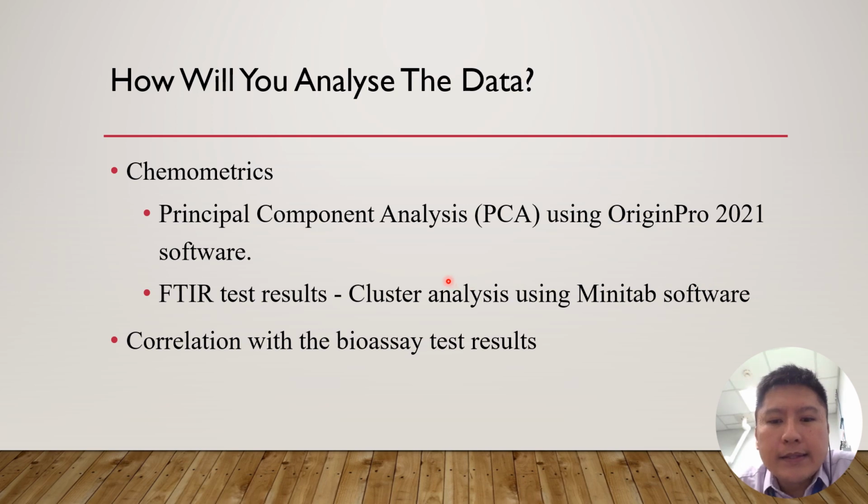For the data analysis, chemometrics method will be applied, including the principal component analysis using the OriginPro 2021 software. For the FTIR test results, cluster analysis will be performed using the Minitab software. Then this test result will be compared against the bioassay test results in order to establish the correlations.